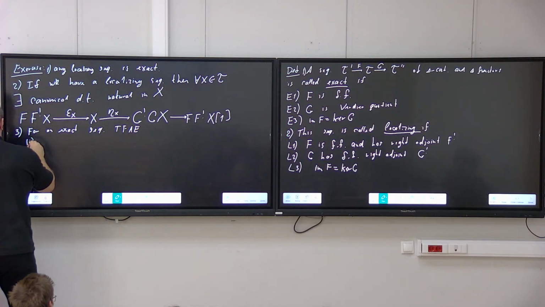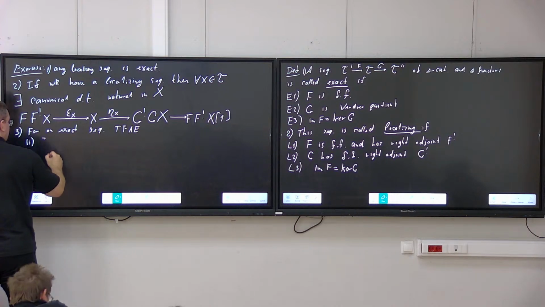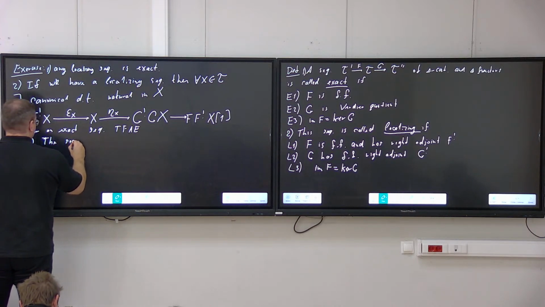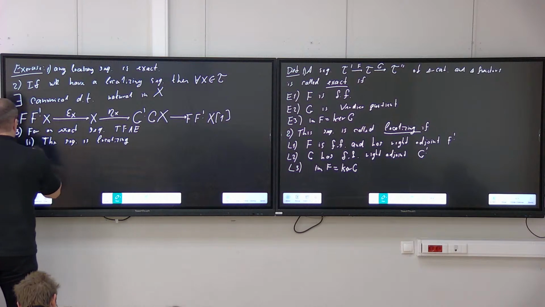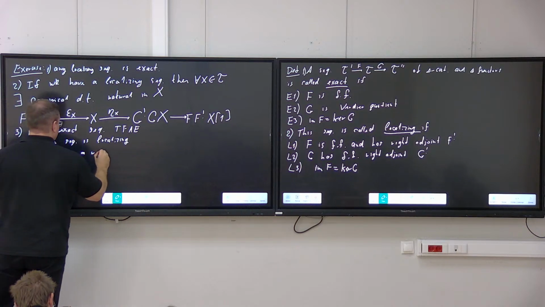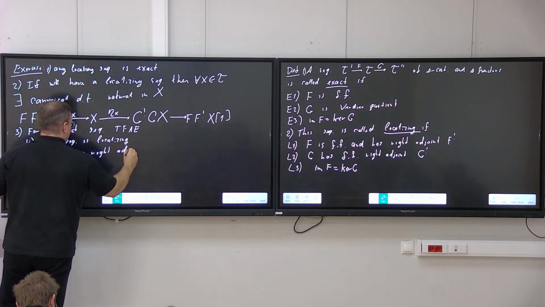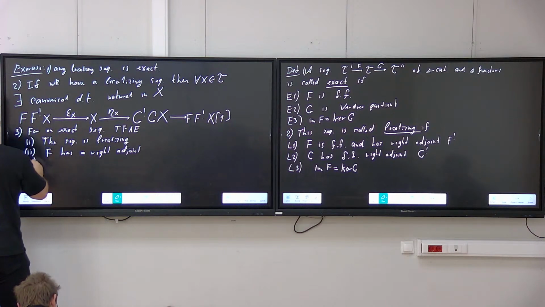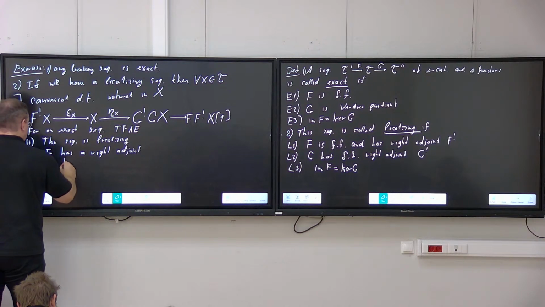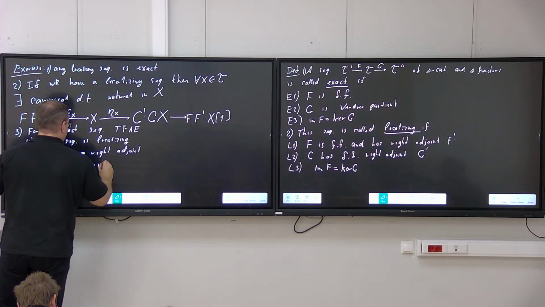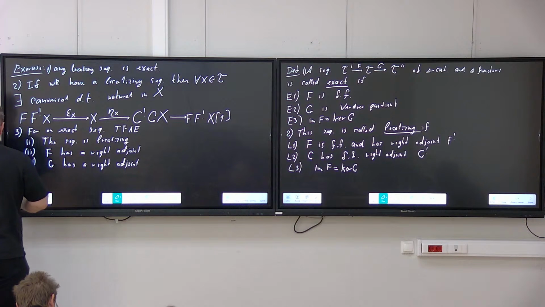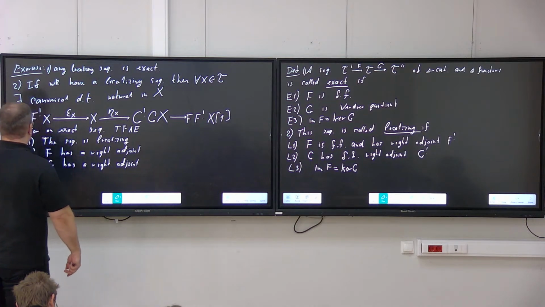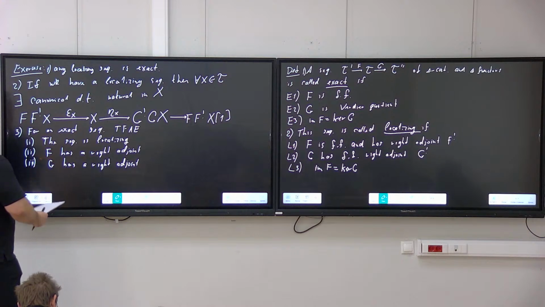First condition is that the sequence is localizing. Condition 2 is that F has a right adjoint. And 3, G is a right adjoint. Okay, so this is all I want to say about the exercises. Three exercises, not completely trivial, but also not very hard.